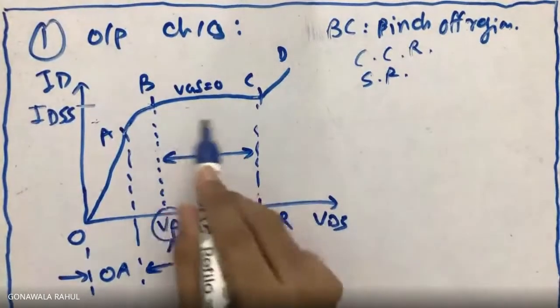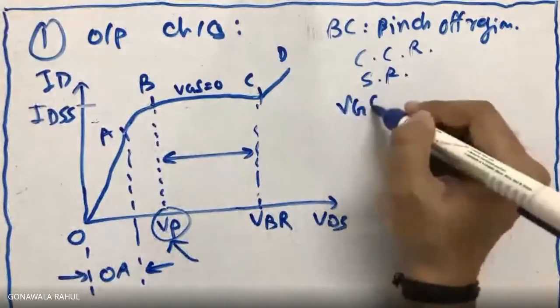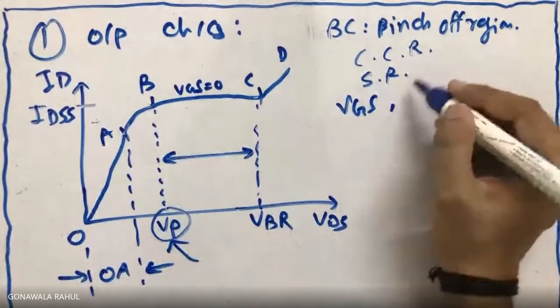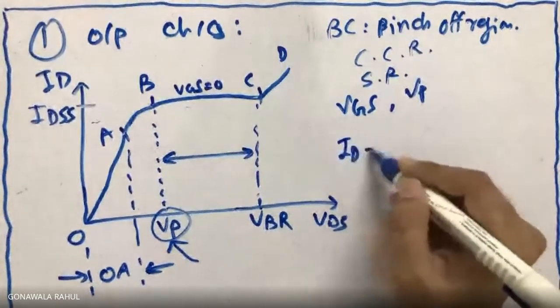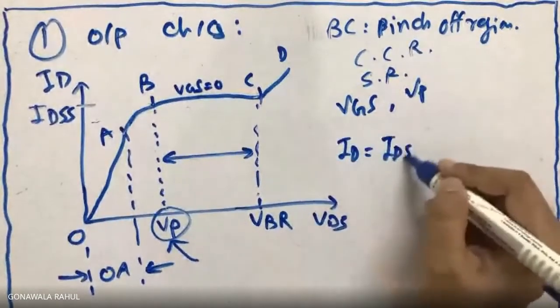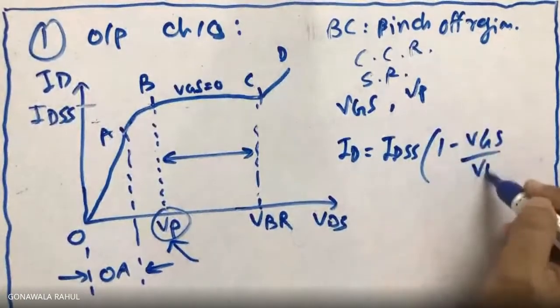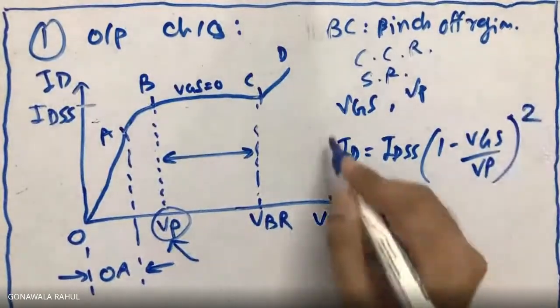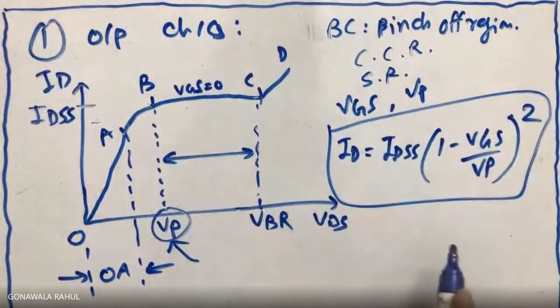The ID in the pinch off region depends on VGS and VP, and mathematically it can be written as ID is equal to IDSS times (1 minus VGS upon VP) whole squared. This is the equation of drain current in the pinch off region.